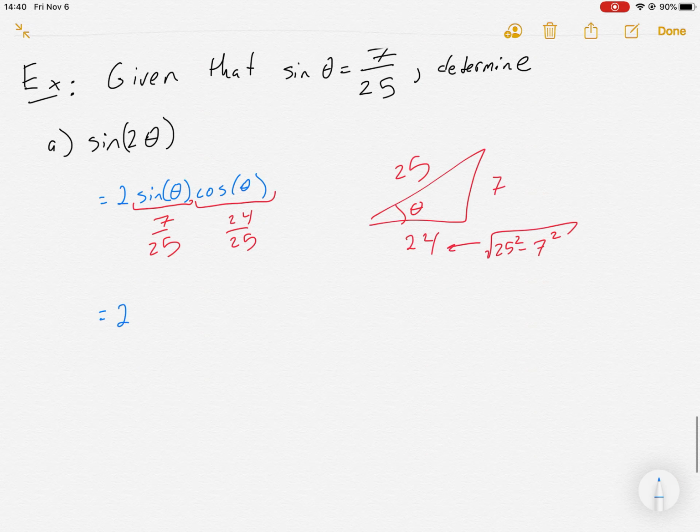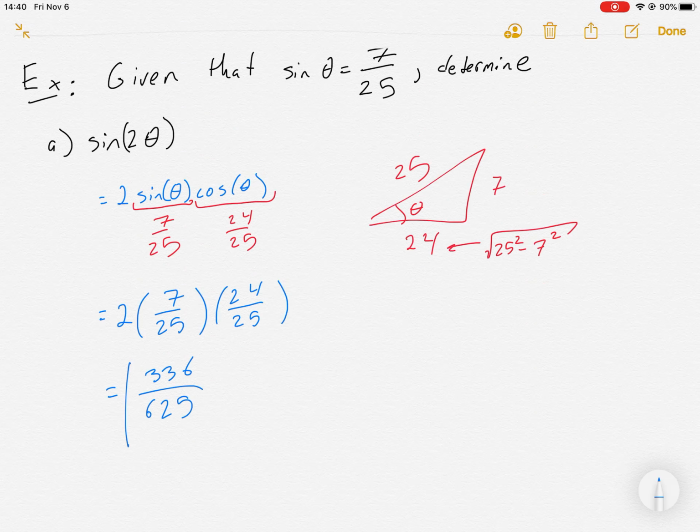So now that we have all the pieces, we're just going to go 2 times 7 over 25 times 24 over 25. I don't know this off the top of my head, so let's go ahead and use the calculator. 2 times 7 times 24 is going to give me 336. And then 25 times 25 is going to be 625. And that's the final answer. So we're all set.